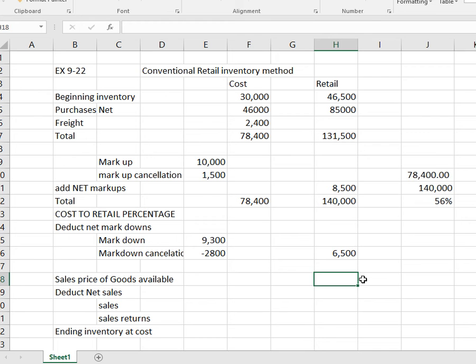Maybe these clothes are out of style, and let's take the difference between those. And now we need to deduct net sales. So net sales would have our sales and our sales returns. Sales and sales returns, 99,000 and 2,000.